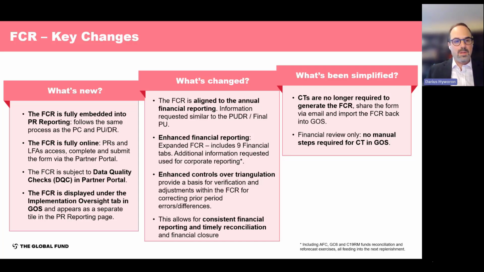For both the PRs and LFA, they'll access, complete, and submit all the information in the Partner Portal. The FCR will also have all the data quality checks in Partner Portal to help the PRs with right-first-time submission. So if critical data is missing or there are glaring warnings or errors, the PR will be requested to complete that before submitting.